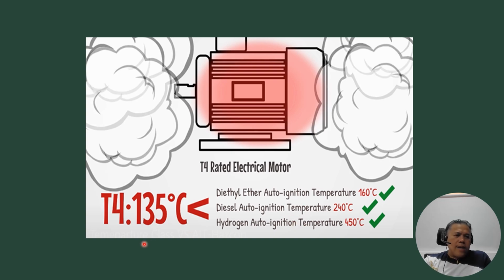You can see in the temperature class, we have T4 at 135 degrees, and then these are our gases. For example, diethyl ether auto ignition is 160, diesel auto ignition is 240, and hydrogen auto ignition is 440 degrees. So this is acceptable because your temperature class is 135 degrees, right?